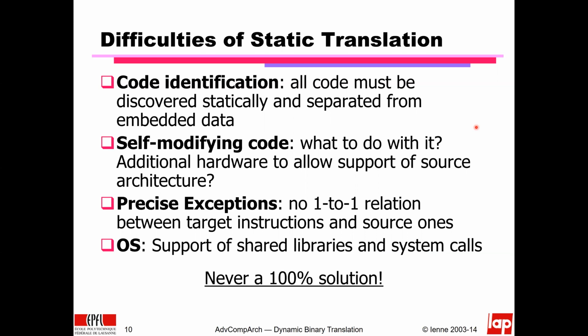So this instruction was not there in my binary, but is there during execution. It used to be used, I'm not sure it is used very much anymore, but maybe it is, in fact.